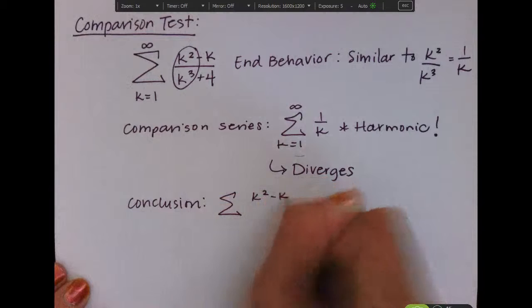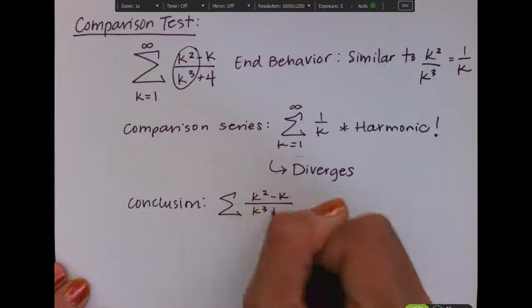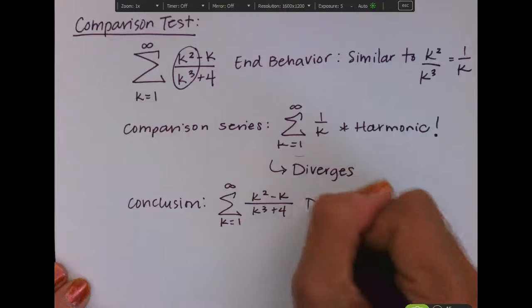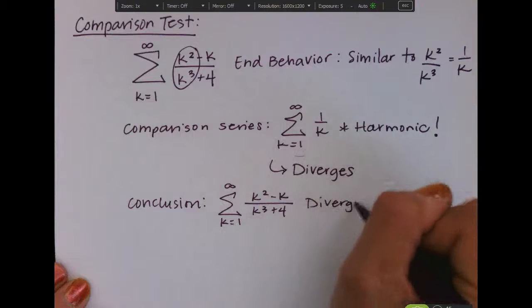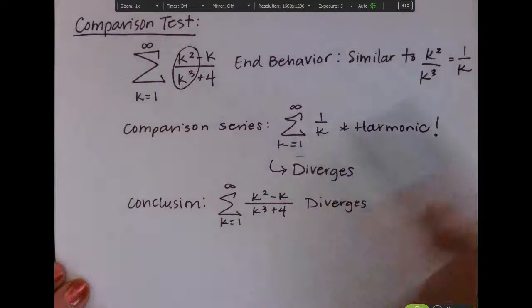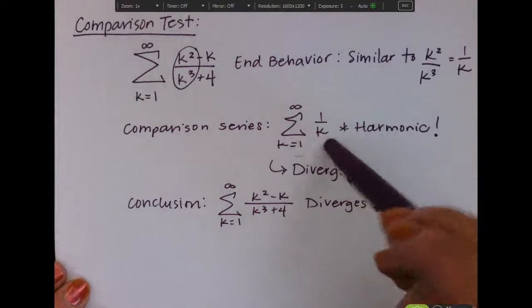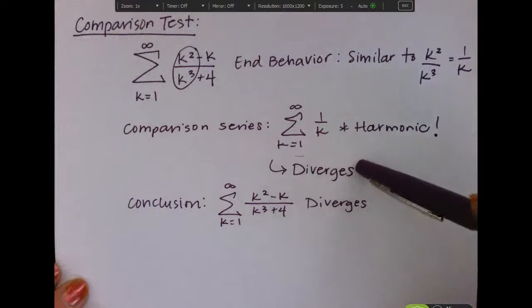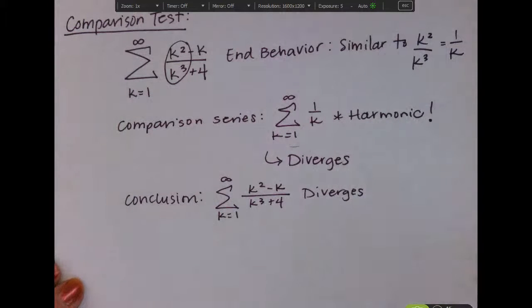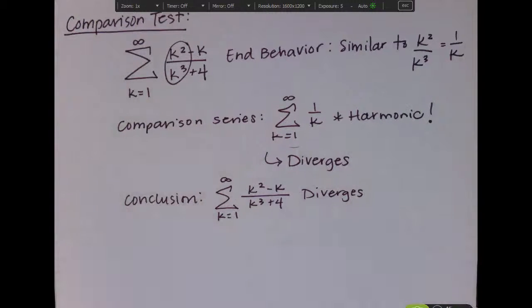Whatever the comparison series does, the original series will do the same. So my original series here also diverges. So the comparison test is only handy if you can find something to compare to that's easily determined to converge or diverge. So there's a good example there.